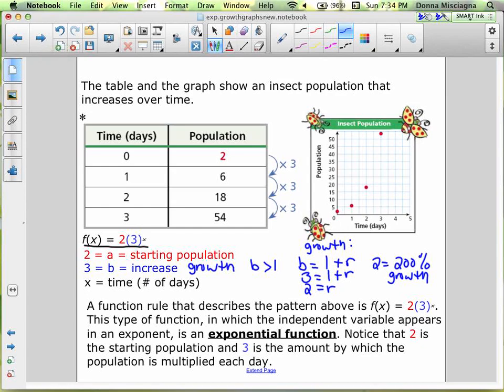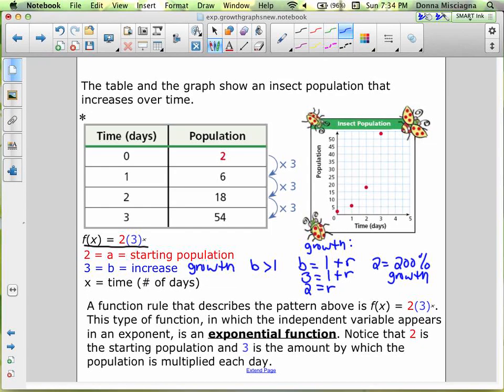If our base is 3, that means that we could find the next number in the sequence by multiplying by 3. Right? So if we didn't have the table filled out, and let's just say we didn't know how to raise a number to a power, we could just keep multiplying the starting population by 3 each time, and that would give us the next number in our sequence. Or we could just plug into the equation.